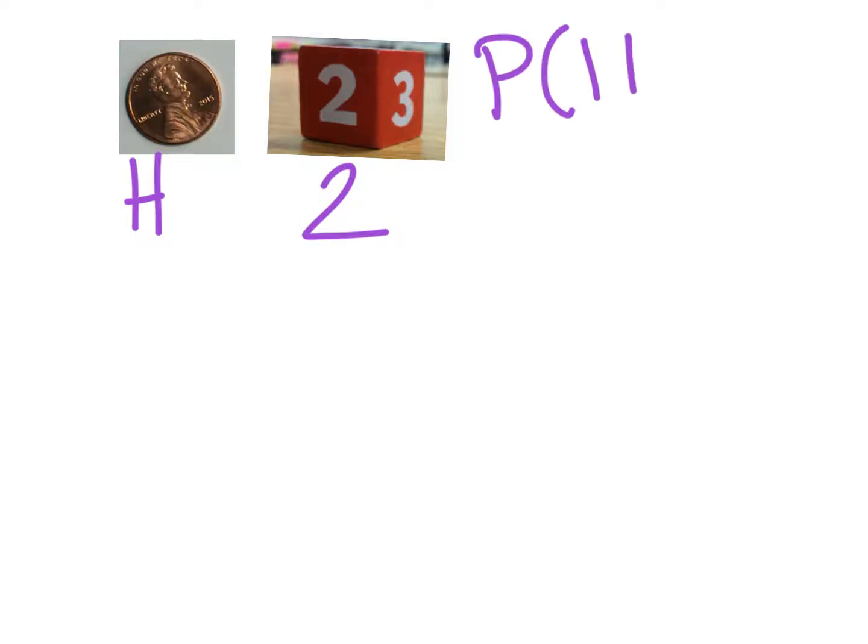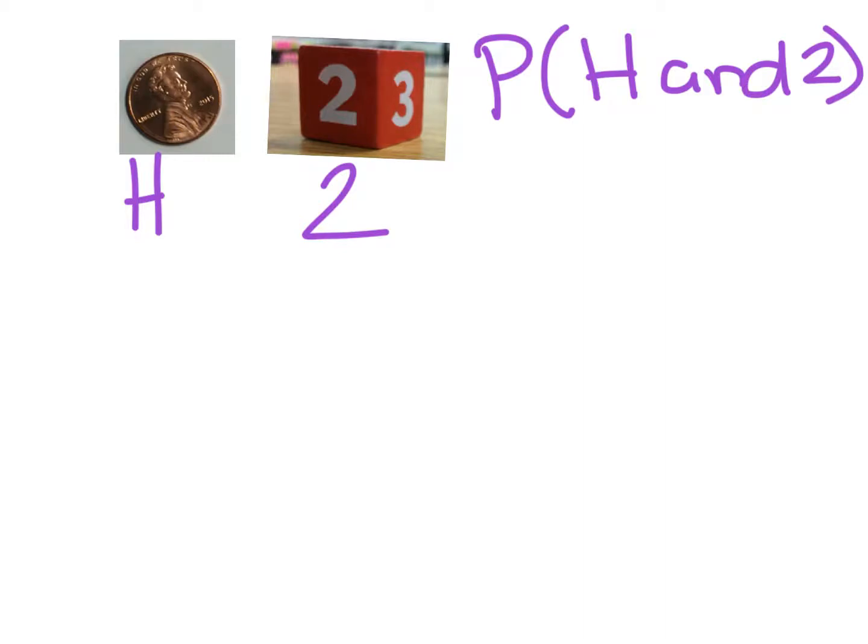All right, so here are our cube and our penny. So let's talk about that situation. Let's talk about getting heads and getting a 2. So we're talking about the probability of heads and a 2. So sometimes when we have combinations, it is easy to make an organized list, or sometimes it's easy to make a probability tree.